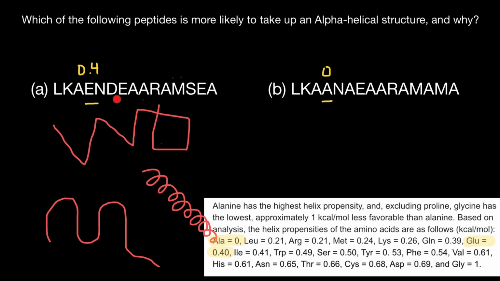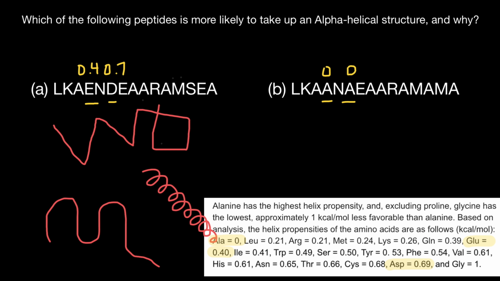Let's check NDE and AAE. Here we have D, and D stands for aspartic acid. Let's check our table here. ASP is the three-letter abbreviation of this amino acid, and it is 0.69. So let's put it on top of this letter, and round it to 0.7. And in amino acid chain B, we have again alanine here, which is 0.